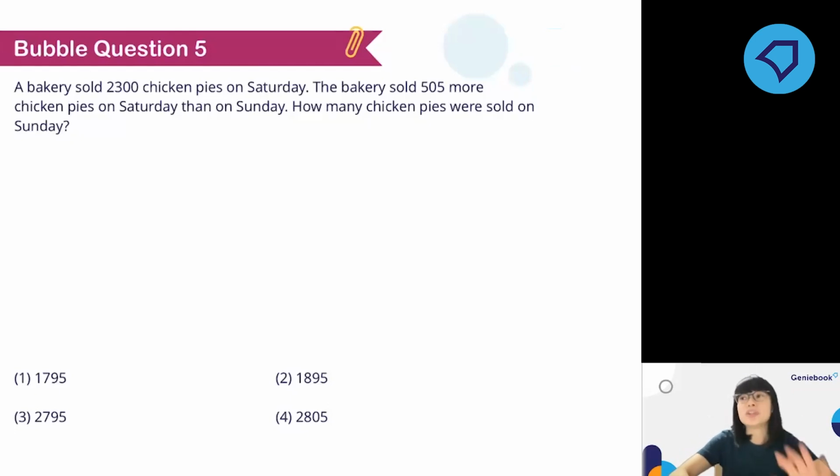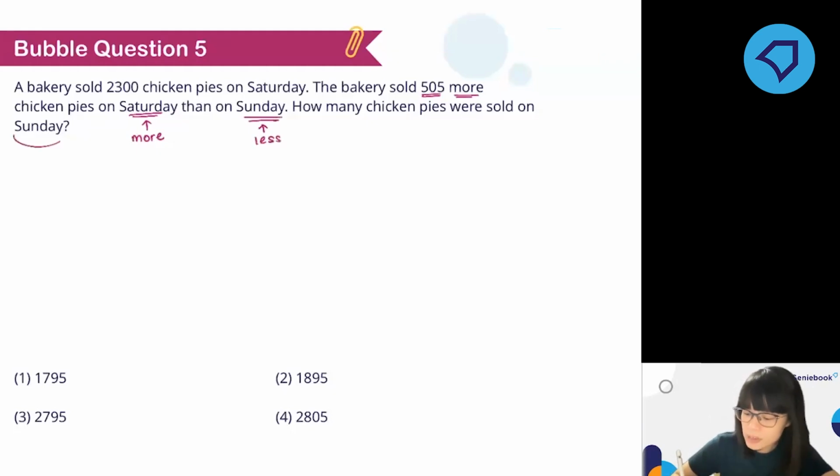All right. Majority of you got the correct answer, but I have a lot of you, almost half of you, actually gave me option number 4 as well. Okay. So 505 more on Saturday. So Saturday is more. Sunday is less. Question is asking for Sunday. So you want to find the one that has less. So yes, you need to do subtraction.